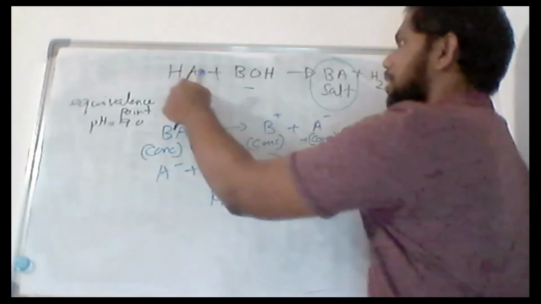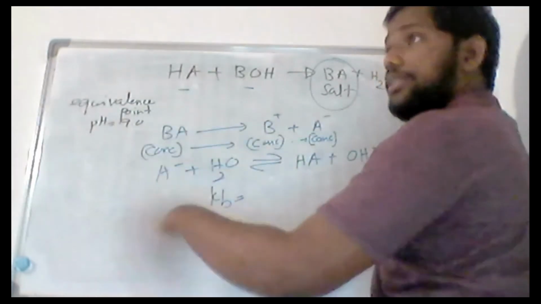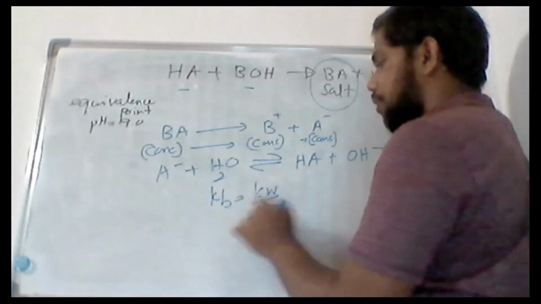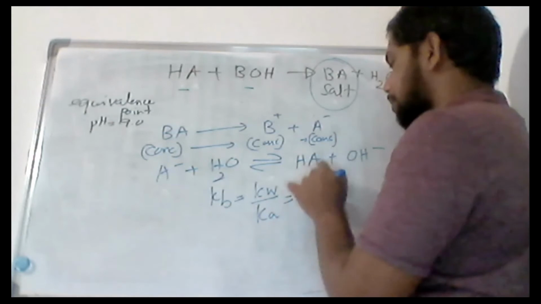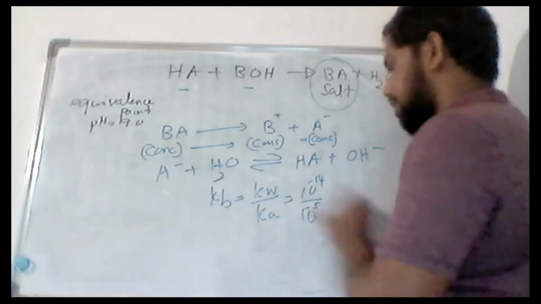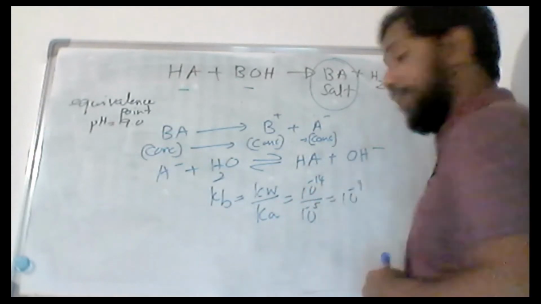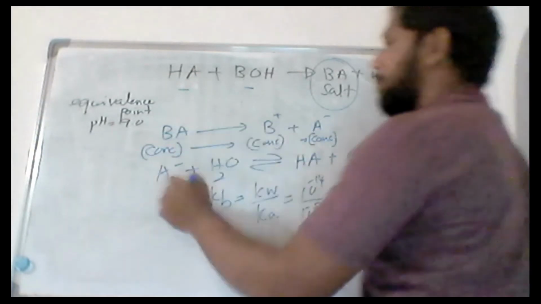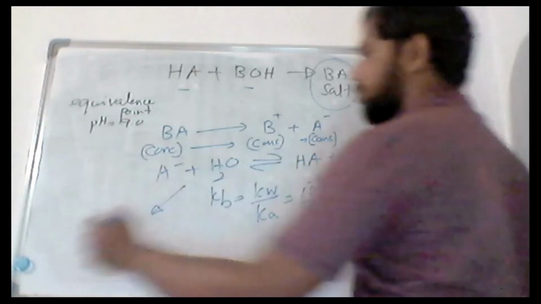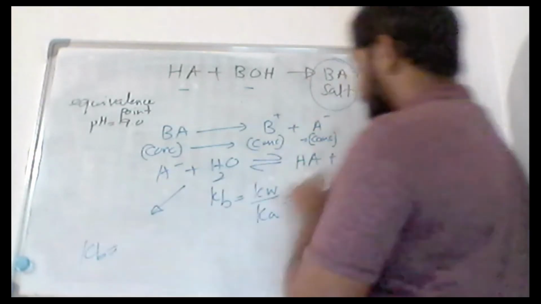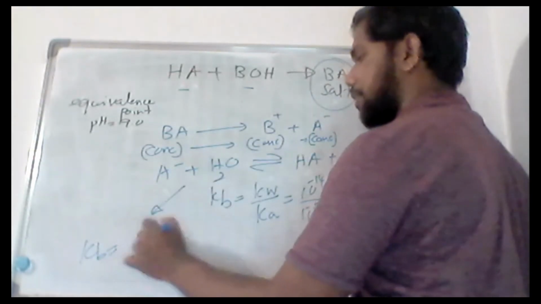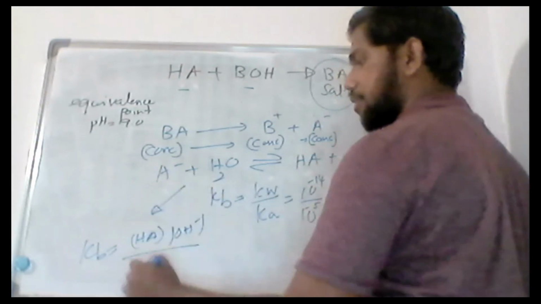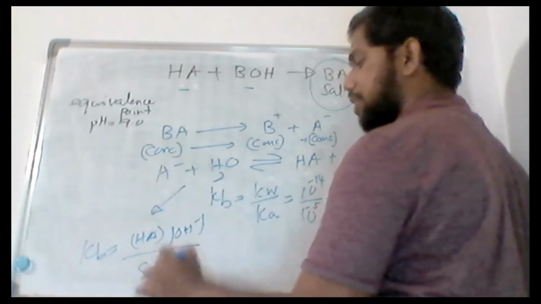So this is a base hydrolysis of the conjugate base of HA, which has Ka. So A minus hydrolysis has Kb. So Kb is equal to Kw over Ka, which is 10 to the power minus 14 over 10 to the power minus 5, and this is 10 to the power minus 9. Okay. So how do you write Kb for this one? Kb is the concentration of HA times OH minus over the concentration of A minus, which is our salt concentration directly.